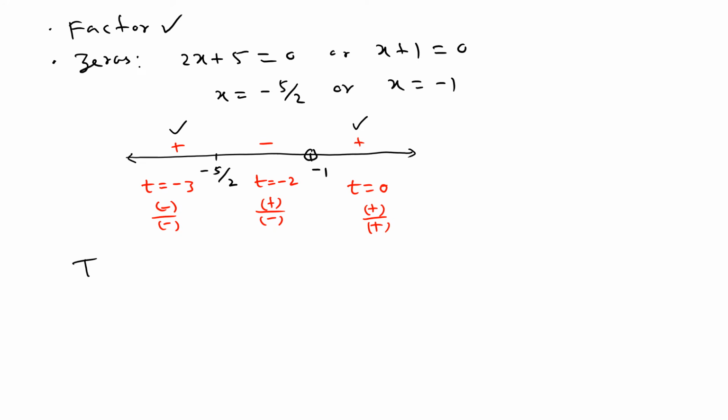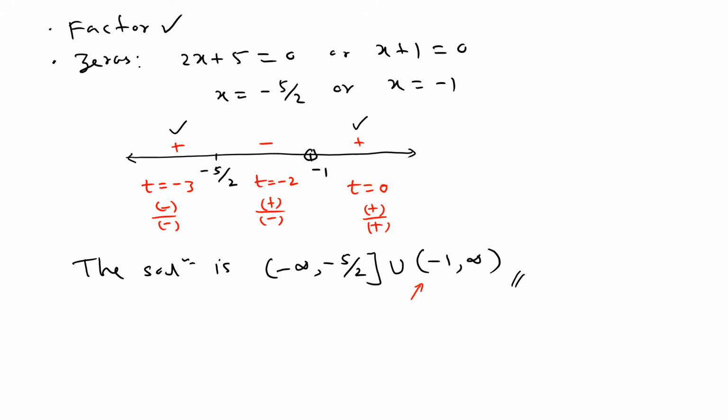The solution is negative infinity to negative 5 halves, including it because of the equal sign and it's in the numerator, union negative 1 to infinity. We remove negative 1 because it comes from the denominator, even though there's an equal sign, to avoid dividing by 0. Okay, so let's go to the next problem.